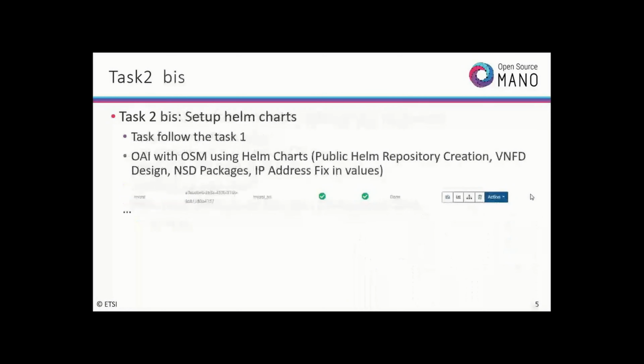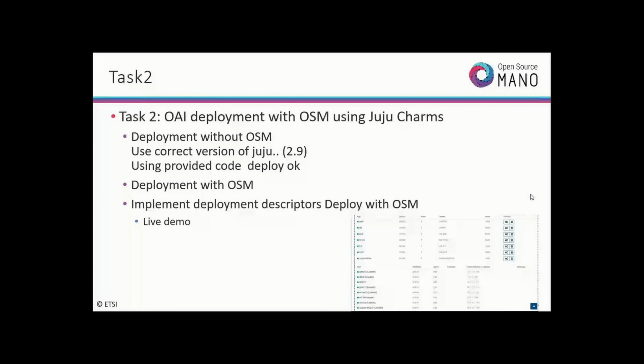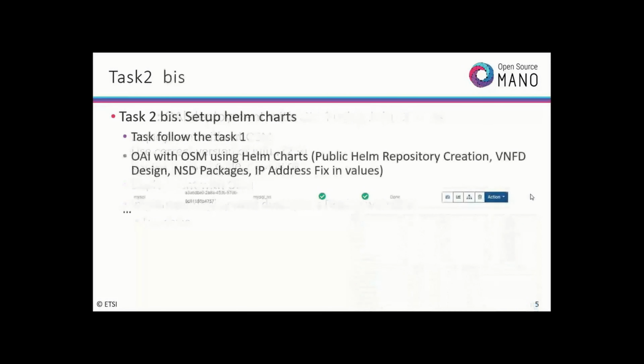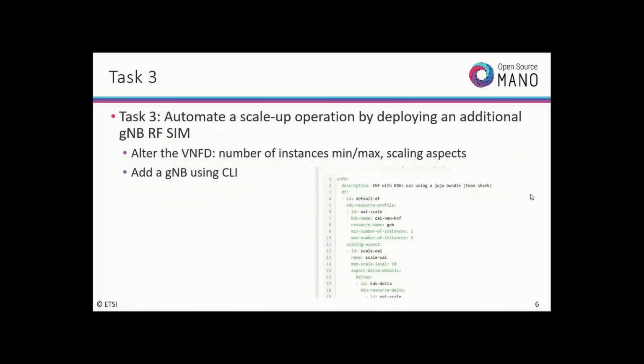We've used the current version of Juju because we had small issues with that. We've successfully deployed the OpenAir interface packages without open source MANO, and then we've deployed it using open source MANO. There is a small demo, but we're going to show you a little bit later. As I said before, we also tried to deploy the OpenAir interface using Helm charts, and when we understood that we couldn't use the Helm chart to do day 1 and day 2, we moved on to Juju charms.